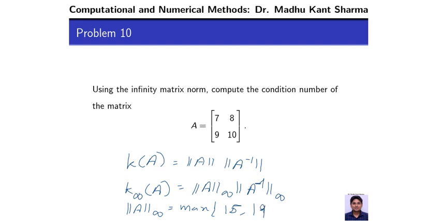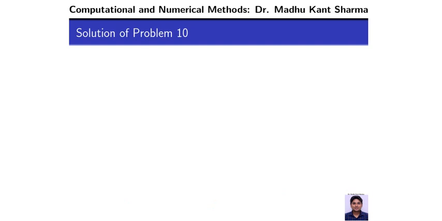okay, 1 upon the determinant of the matrix, that is 70 minus 72, that is minus 2. Okay, this is 10, this is 7, this is minus 8, this is minus 9. So now this is equal to 1 by 2 times minus 5, 4, 9 by 2, and 7 by 2 with minus.